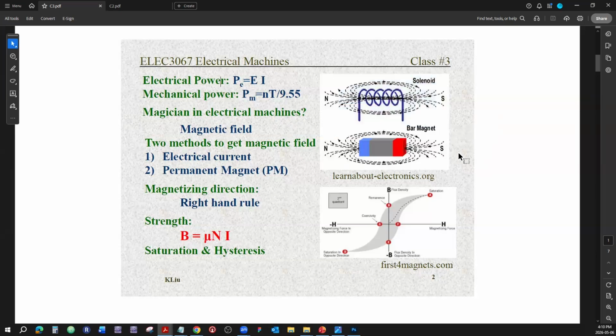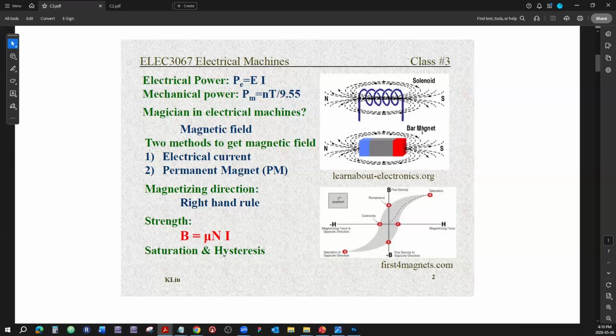Then we're going to have the North Pole and the South Pole of the magnet that we just created, and the magnetic field lines right inside the coil, we are going to call that a magnetic flux, which is the magnetic lines of the magnetic field that we care about, that is going to do the work for us.